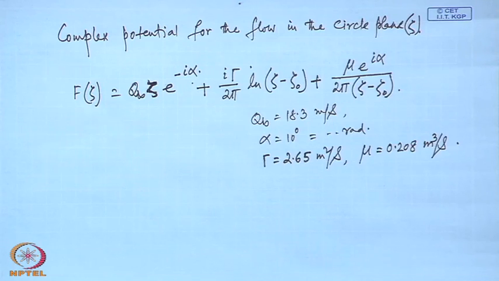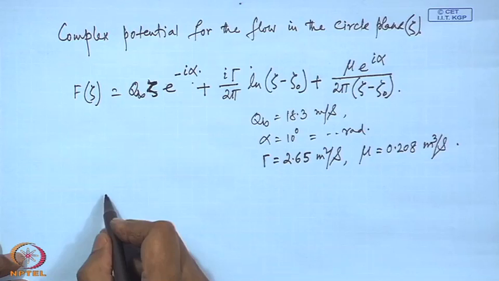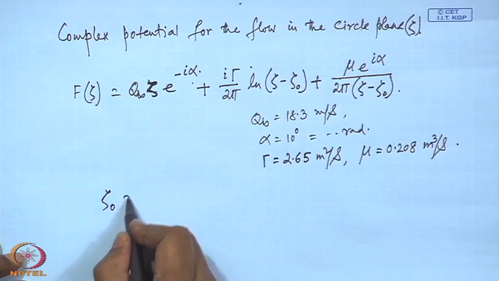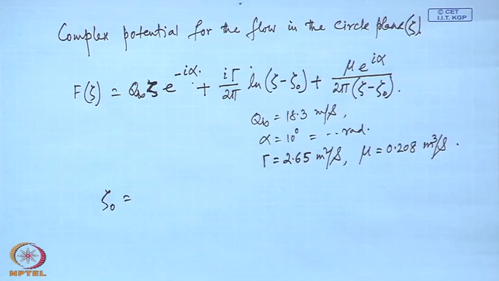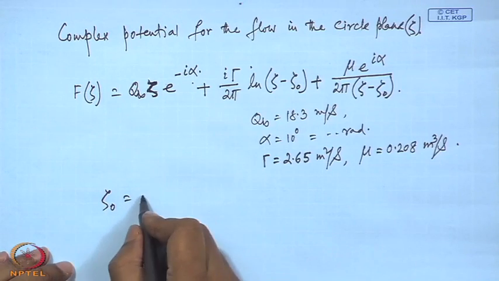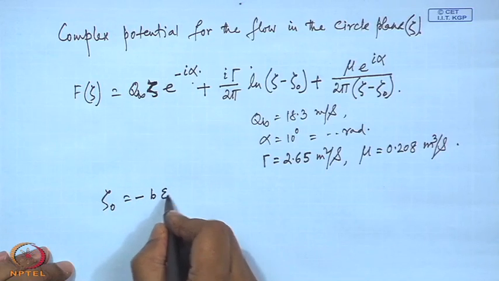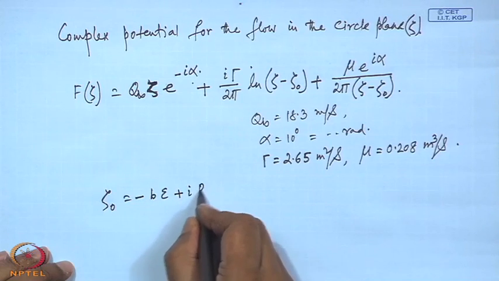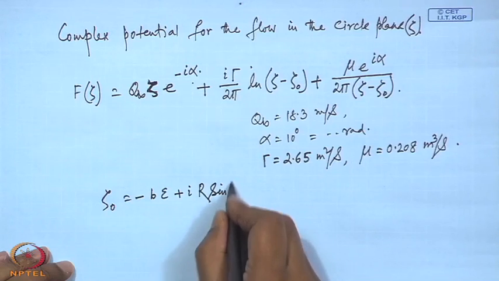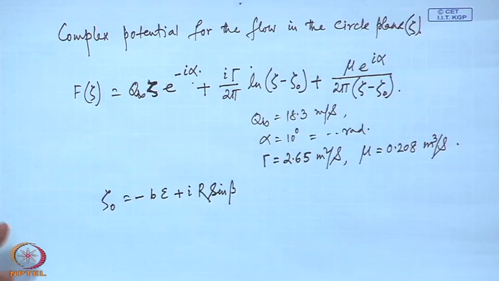What we still have not done is zeta naught, center of the circle, but we have found all the components of zeta naught. What is zeta naught? Location of the center: minus b epsilon plus I r beta. Actually I r sin beta, you can do it r beta also, no problem, because the beta is really small.